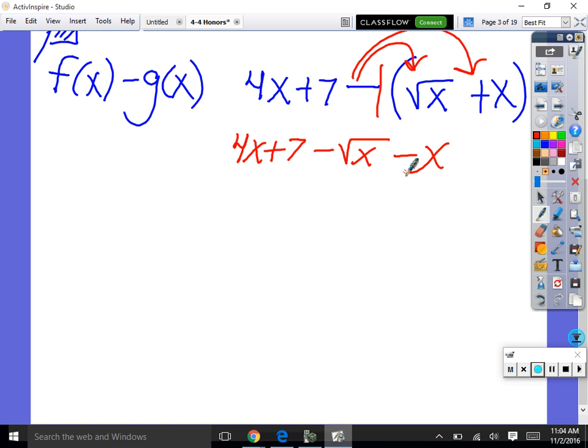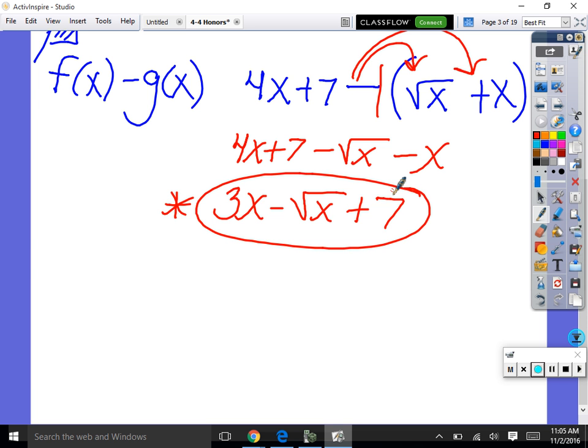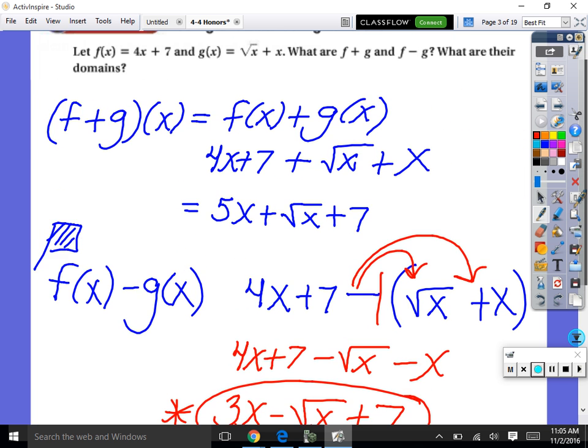So let's combine like terms. 4x minus x is 3x plus 7, and I'm going to actually write it in standard form, so highest degree to lowest degree. Why is this degree lower than this degree? Yeah. Good, it's to the 1/2 power. Very good. So minus square root of x plus 7. So that is f of x minus g of x. So I'm going to circle that because that's part of my answer, and then we're going to come back and restrict the domain in a second.